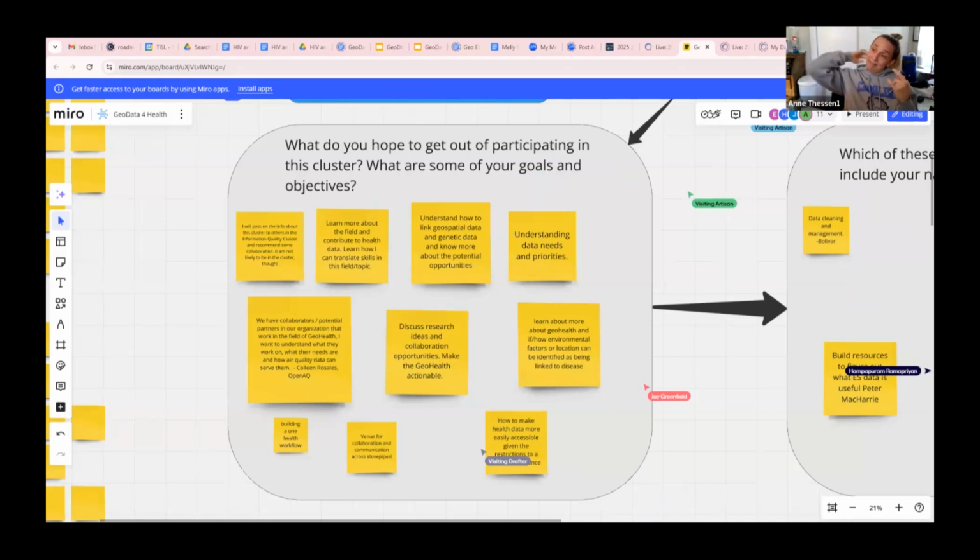We're also going to have a cafe session. We're looking to put together a session at the International Society of Environmental Epidemiologists meeting that's later this year, so we can get some input from environmental epidemiologists. So the monthly meetings of this proposed cluster would be the place that everybody would come to.